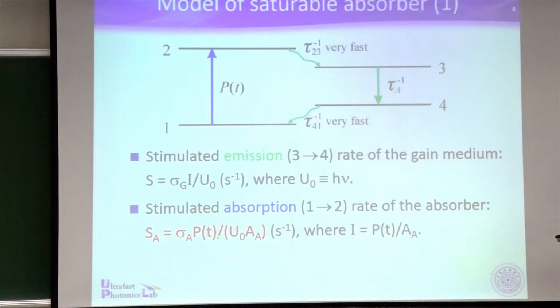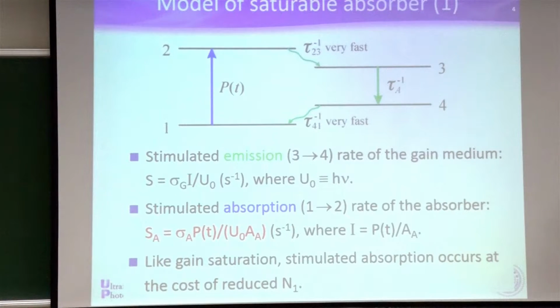So it is equal to the instantaneous power, P of t, divided by the beam cross-sectional area, A sub A. And the U0 is preserved. Then we can define the stimulated absorption rate, just like the stimulated emission rate as before. The only difference is now S_A relates levels 1 and 2 about the absorption, and S relates level 3 and level 4, about amplification. That's the only difference.